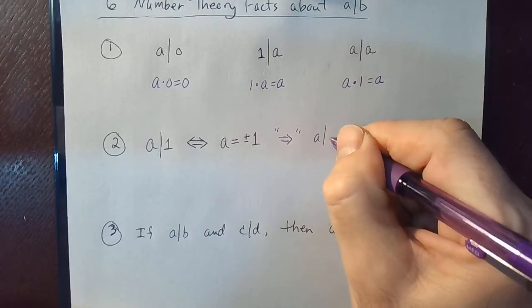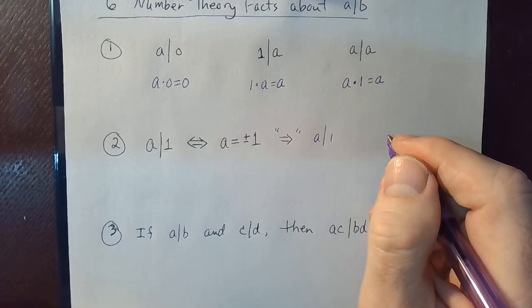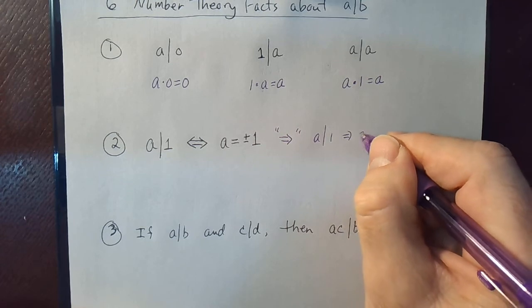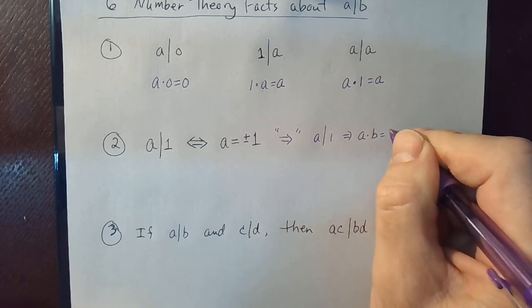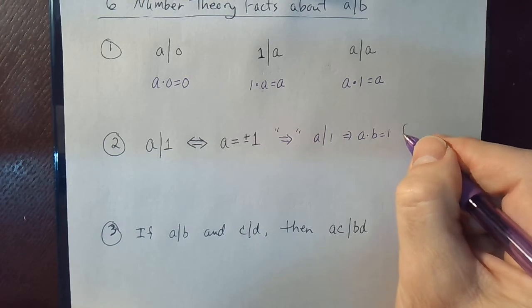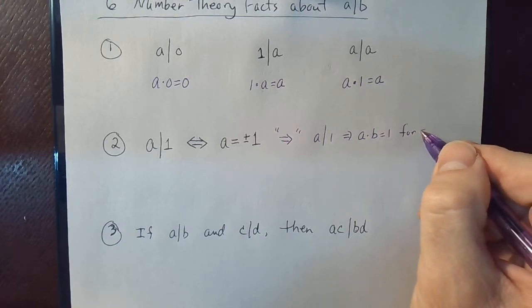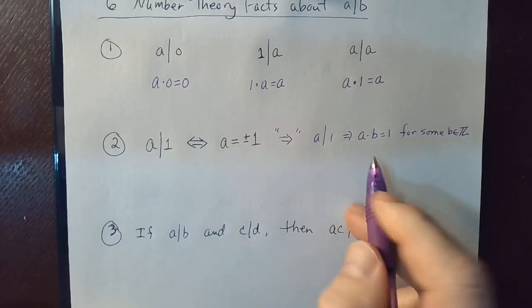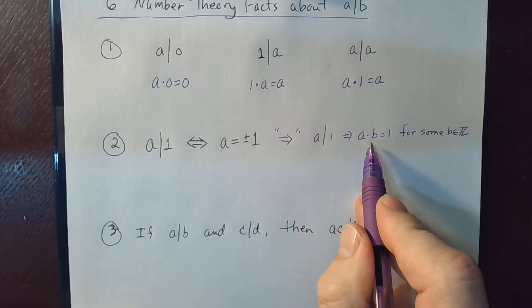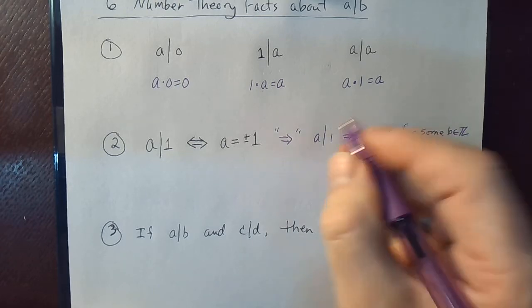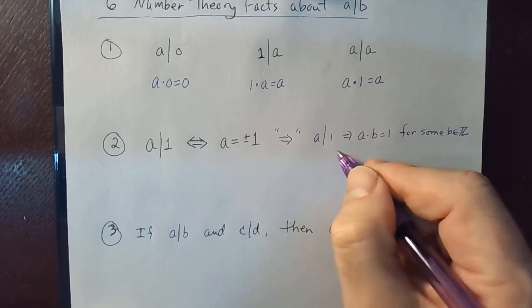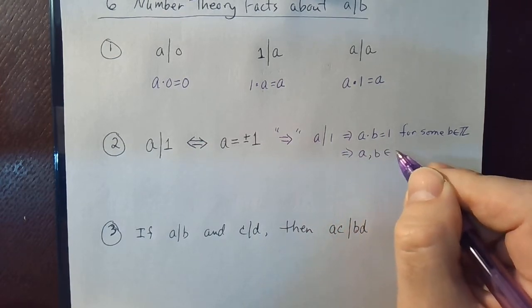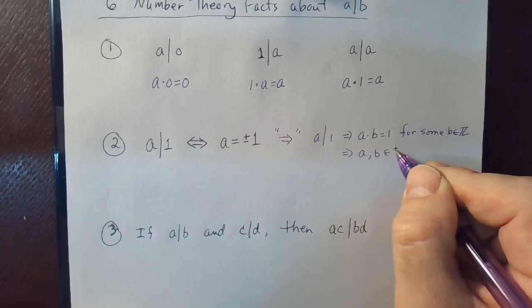So a divides 1. What does it mean for a to divide 1? That means that a times b is equal to 1 for some b in the set of integers. Well, a and b are both integers, so the only way that can happen is if a and b are both equal to either plus or minus 1.